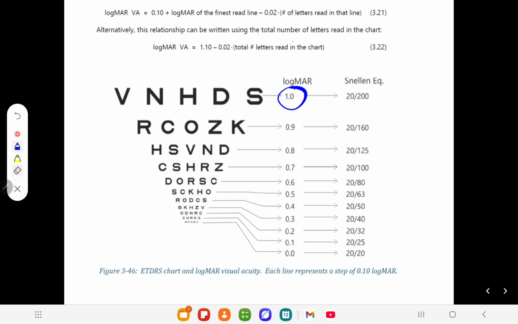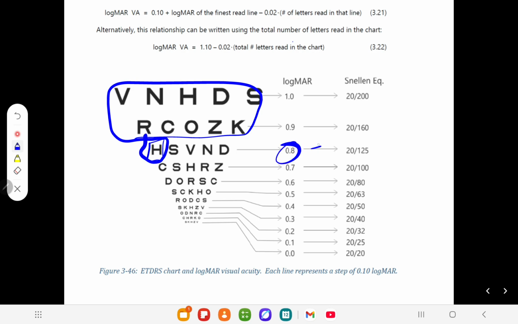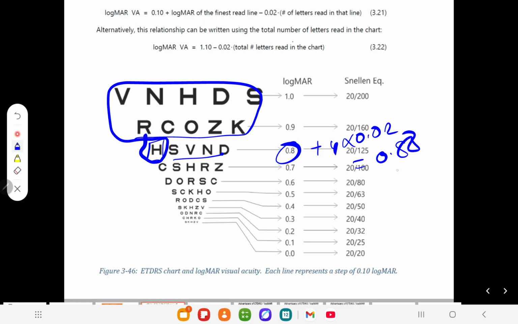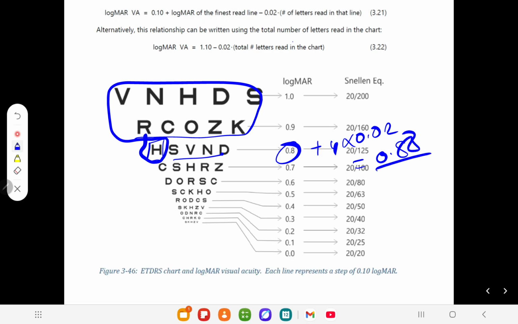Let's take an example. Someone reads this line and all above it. What do you do? You do 0.8 plus not read 4 times 0.02, which means 0.88. Now game finished. But you can also do one thing which I love.